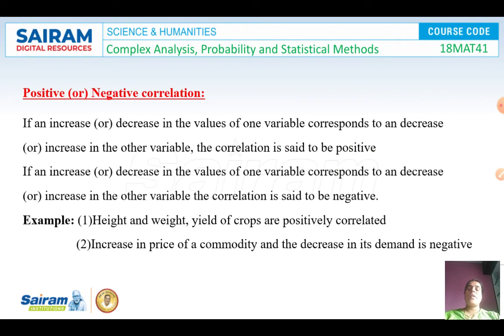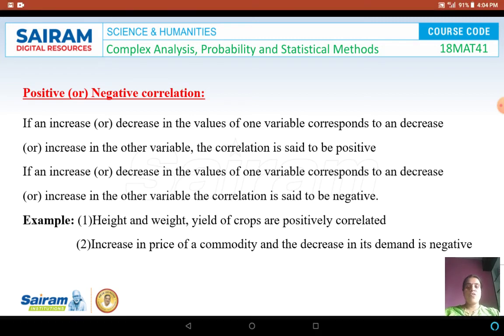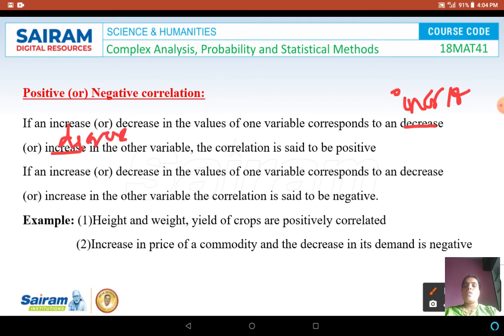So what are the types of correlation? One is positive correlation and the other is negative correlation. If an increase or a decrease in the value of one variable corresponds to the same in the other, so here it is an increase, here it is an increase, and here it is a decrease. An increase in one variable leads to an increase in the other variable.